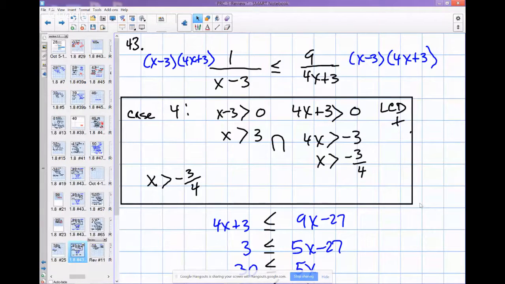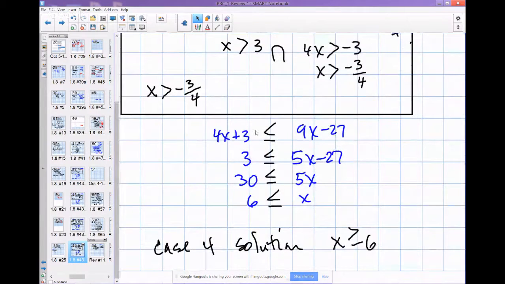So on the left, what happens? The x minus 3's cancel, and you get 4x plus 3. And on the right, the 4x plus 3's cancel, and you get 9 times x minus 3. So let's just come down. Here's what we got right here.